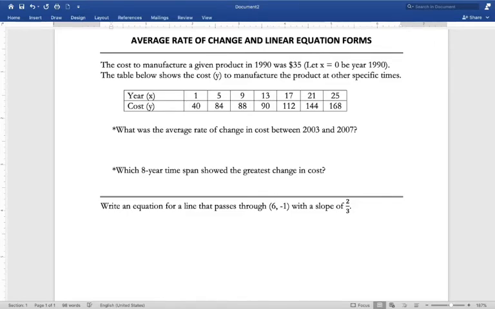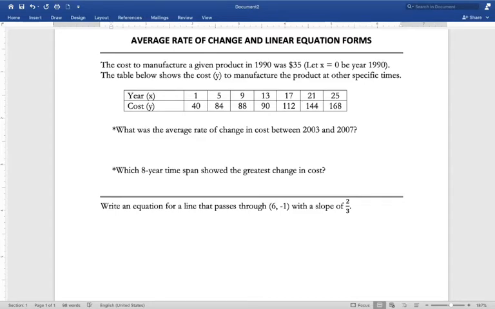So two questions I want to try to answer here. One is, what was the average rate of change in cost between 2003 and 2007? All right. So when we're talking about an average rate of change, that's different than an instantaneous rate of change.